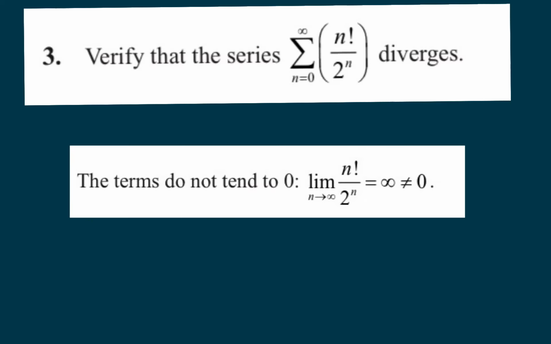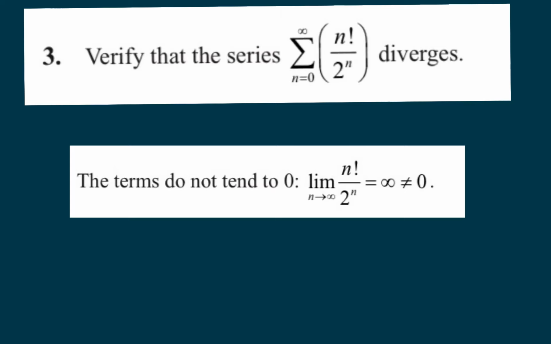Problem 3. Verify that the series summation from n equals 0 of n factorial divided by 2 to the n diverge. Well, if a sub n doesn't go to 0, the series diverge. The series diverge because you are summing terms that are not going to 0, so you cannot stop at any fixed number.